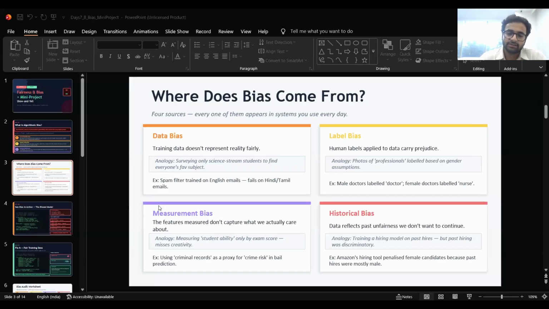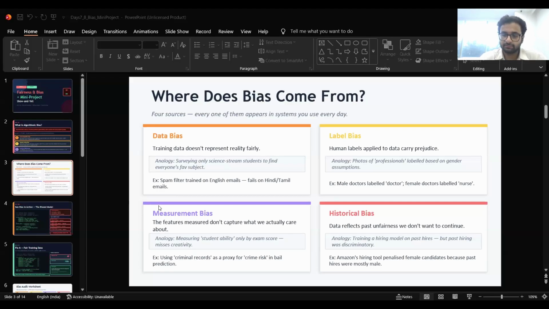Because the model understands, okay, this is my hiring history, I need to hire these kinds of individuals more than the remaining individuals. But in reality, hiring should be equal for every individual applying to that position.